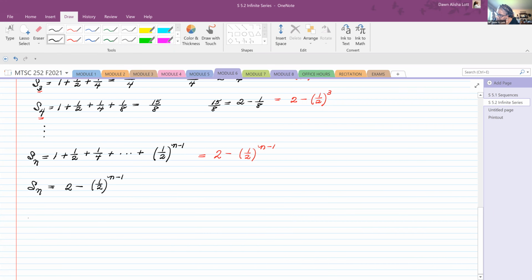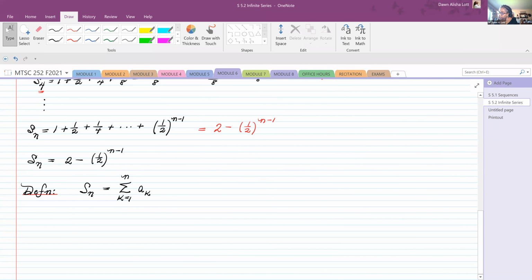So Sn by definition for all the series is going to be this notation, the summation. That means sum up, k equals 1 to n of whatever AKs we have.